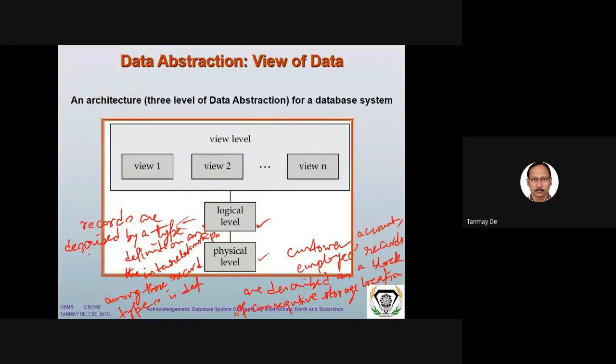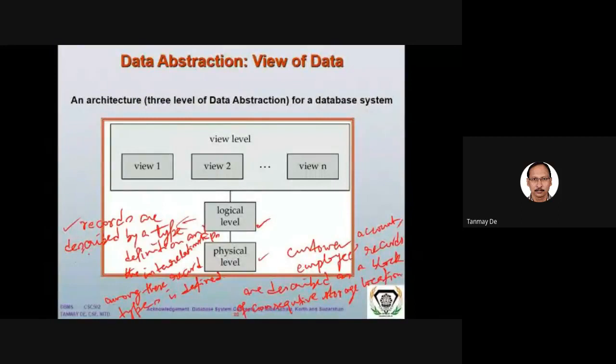Defined means in the logical level it is defined. That is, the records are described by a type definition, and the interrelationships among these record types are defined here.